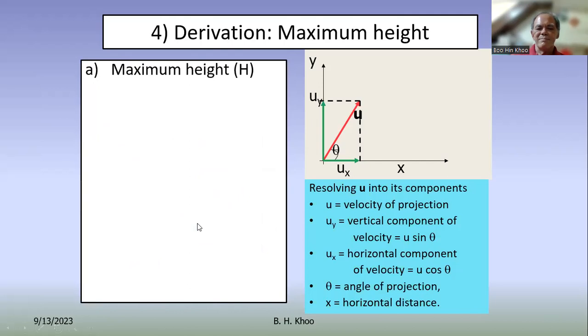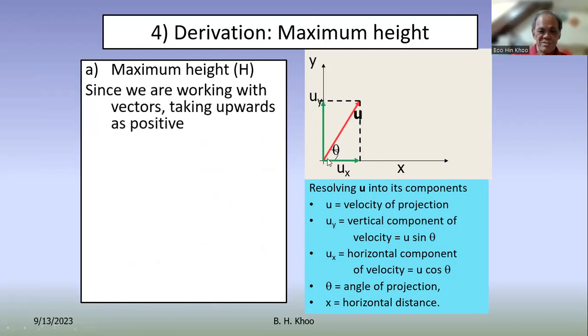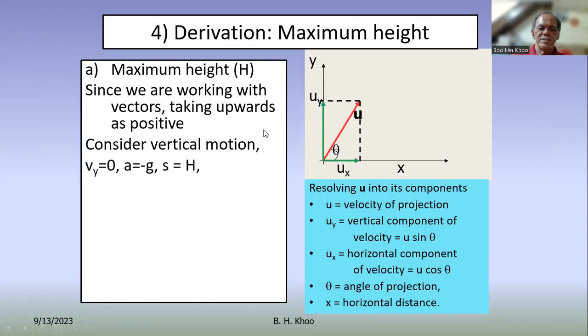Maximum height is determined by the component of vertical velocity. This one determines how far it will travel. Since we are working with vectors, remember, this is a vector. We must choose upwards as positive and consider vertical motion.